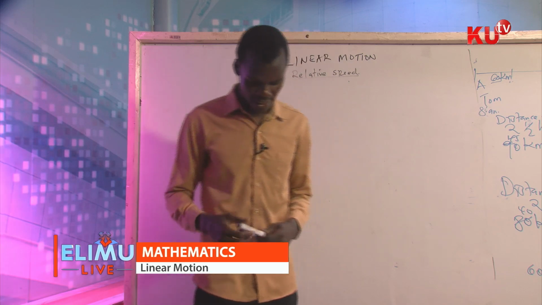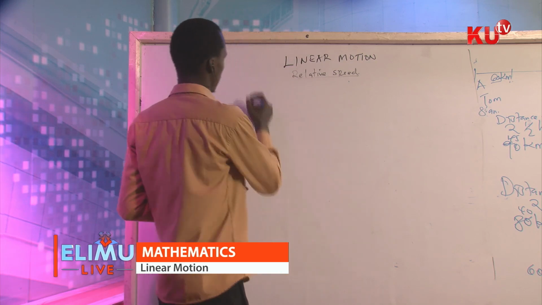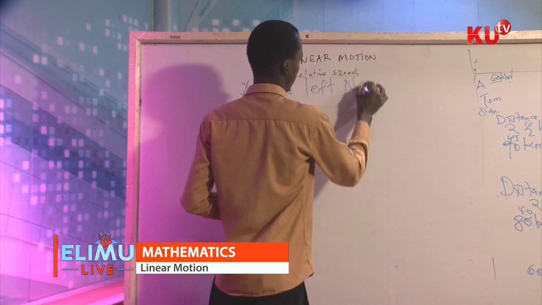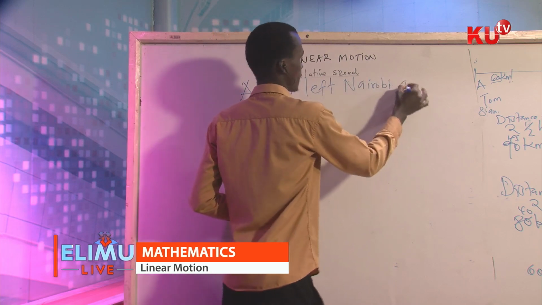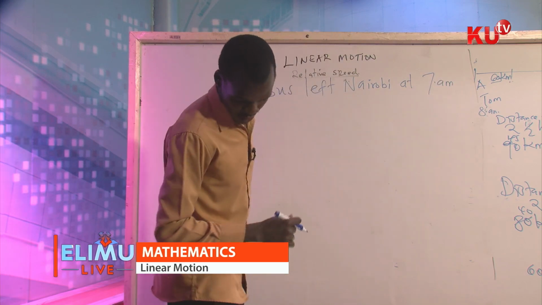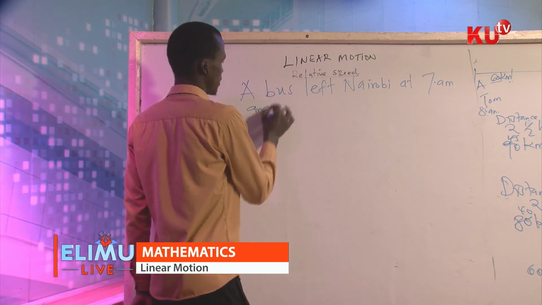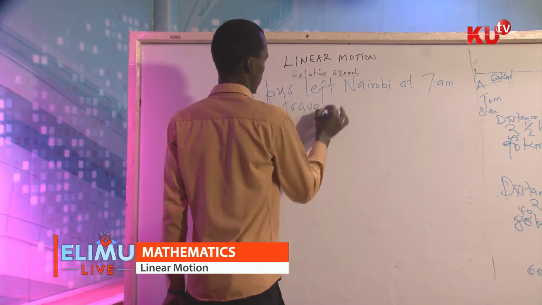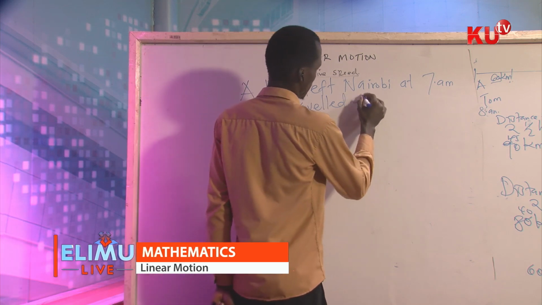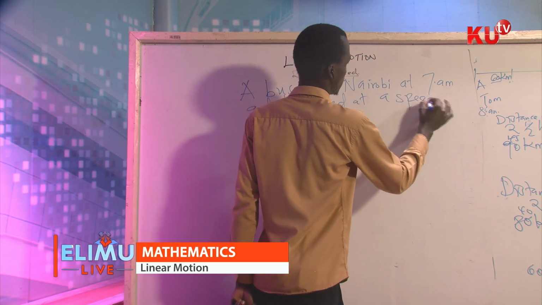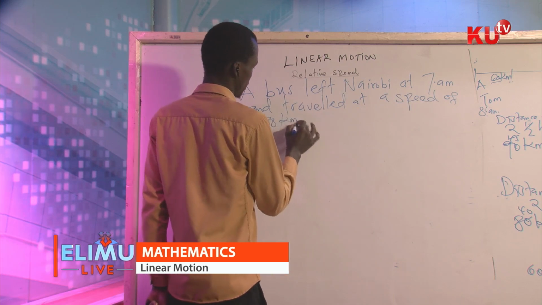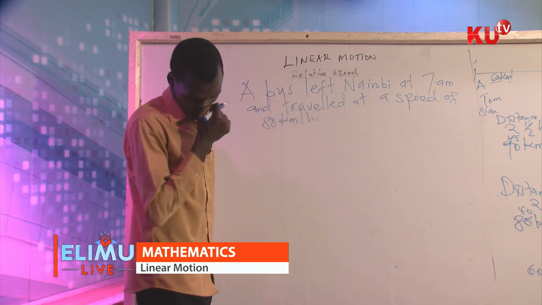A bus left Nairobi at 7 a.m. and traveled at a speed of 80 kilometers per hour.